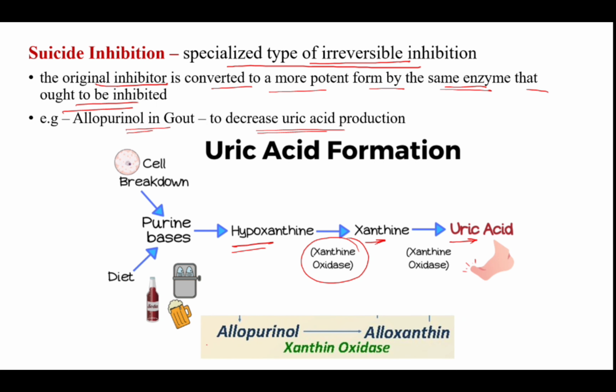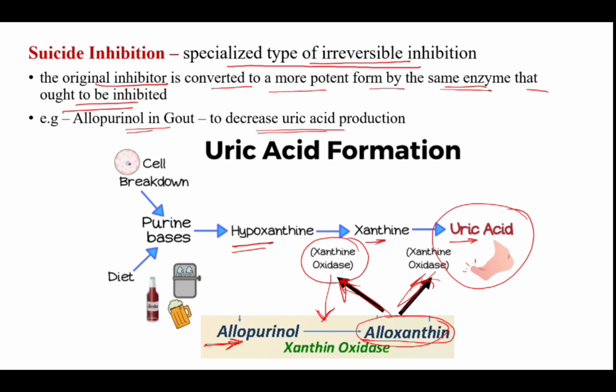Now, allopurinol is given as a drug, and this allopurinol is converted to alloxanthine by the same enzyme, xanthine oxidase, and this alloxanthine will inhibit xanthine oxidase, and this is called suicide inhibition, so that uric acid production is stopped or decreased.